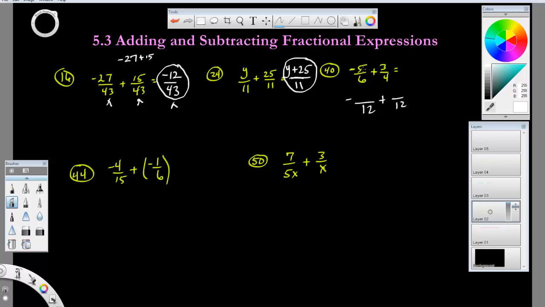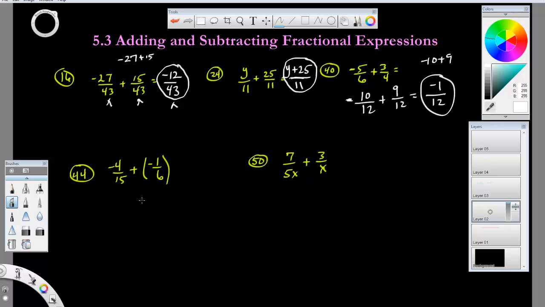So 5 times 2 is 10, and of course that negative sign is there, so that's going to be negative 10. 4 times 3 is 12, so 3 times 3 is 9. Now we're back to where number 16 started. The bottom's a 12, and the top is negative 10 plus 9, which is negative 1. So negative 1/12. Just practice this one more time.